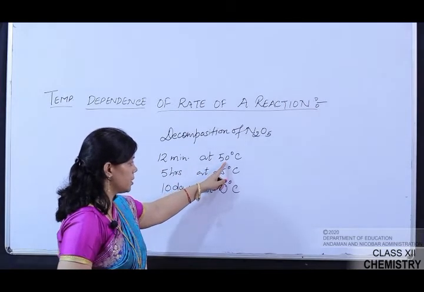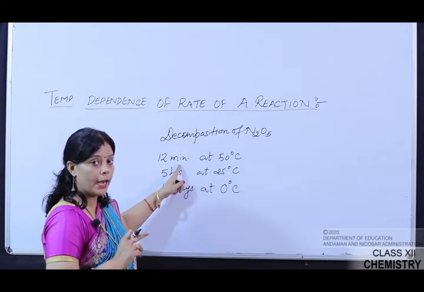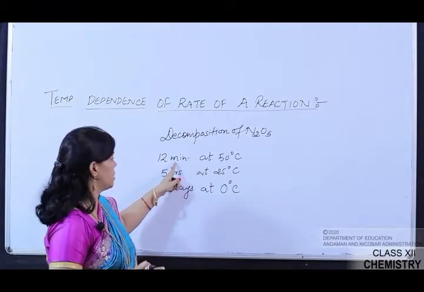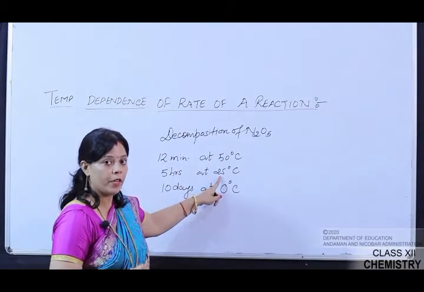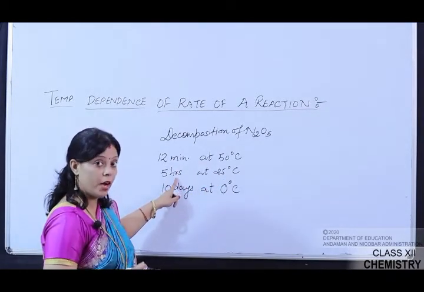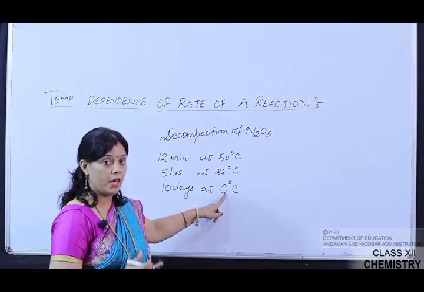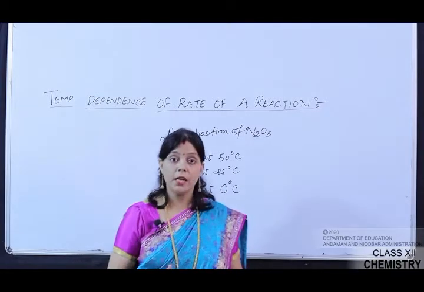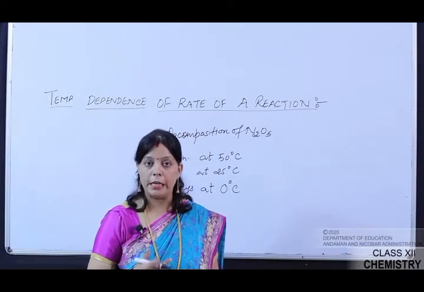At 50 degrees Celsius it is found that the time taken for half of the actual amount of the material is 12 minutes, that is the T half for this reaction is 12 minutes. When the reaction is carried out at 25 degrees Celsius the time is 5 hours, the time increases, and when this decomposition is carried out at 0 degrees Celsius the time required is 10 days.